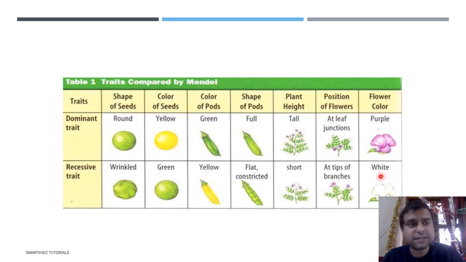So he compared these characteristics, and when conducting experiments with the 7 traits that he observed, he noted various differences, and based on them he laid down the principles of inheritance, which we know in the form of 3 laws, which we'll study now.